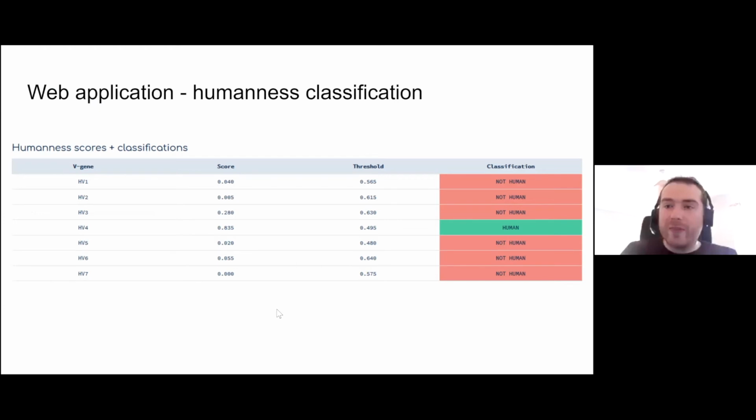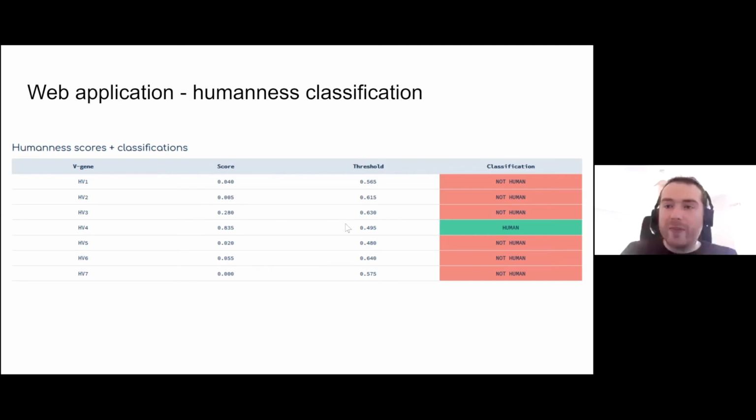If we feed in a sequence, in this case a sequence that is human, what you'll generate as output when you perform the humanness classification is, for each of the possible different V gene types, HuMab will feed the sequence into each of its classifiers, and so it'll simultaneously check what do I think the V gene of this sequence is, but also, given that, do I think this is human?